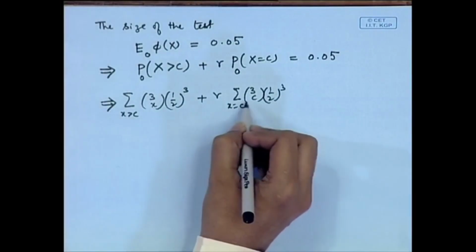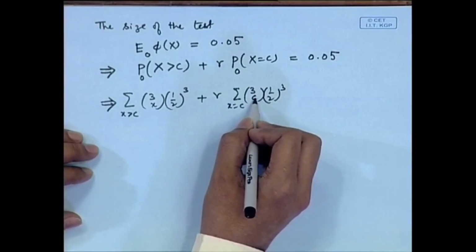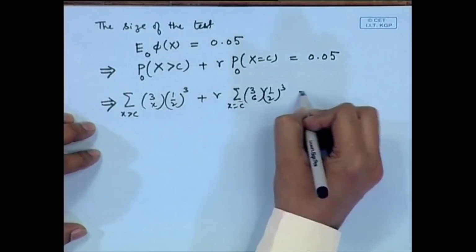So, basically there is a point here which will be satisfied for integer values only. So, we will see when it is satisfied.